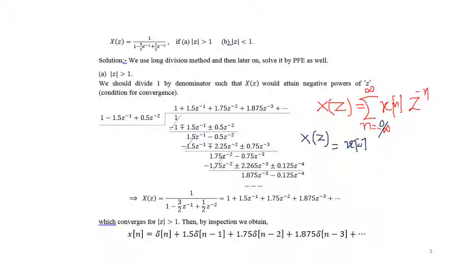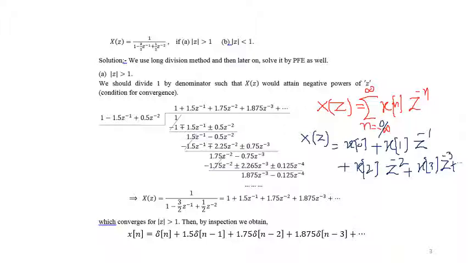Okay, so z power 0 means 1. Then we have plus x of 1 z power minus 1 plus x of 2 z power minus 2 plus x of 3 z power minus 3, and so on, right?